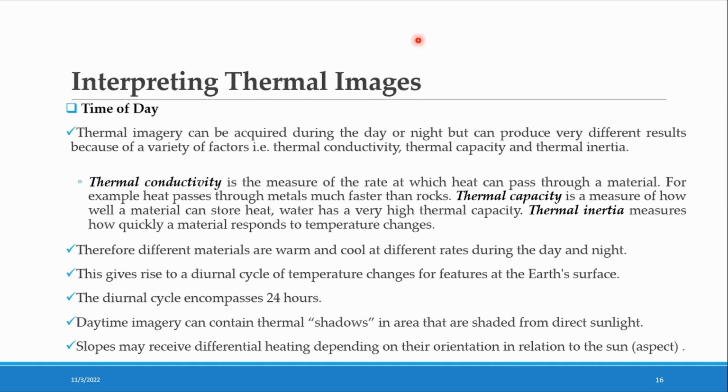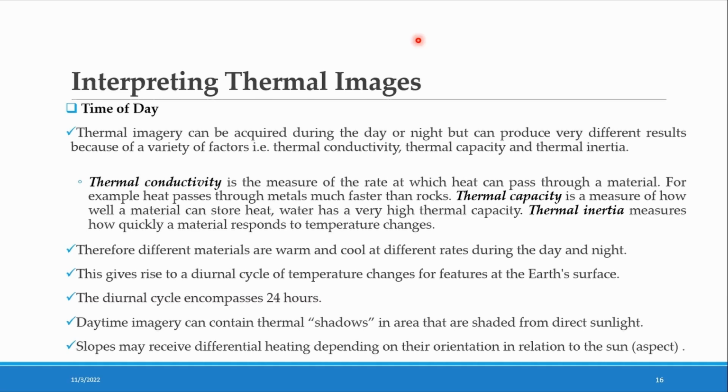So what I was saying is in interpreting thermal images, the first thing we have looked at is visual interpretation by looking at the grayscale levels. The second thing that we are going to look at is that you will interpret them depending on the time of the day at which those images were captured. Images captured at night or during the day will have totally different results.